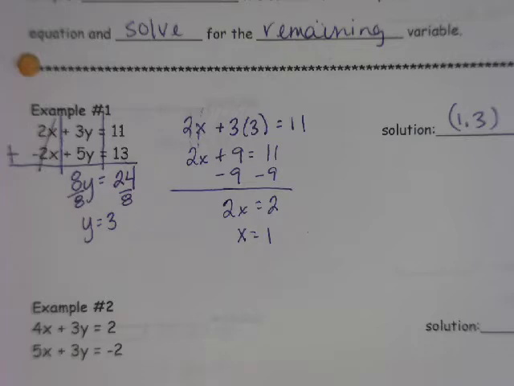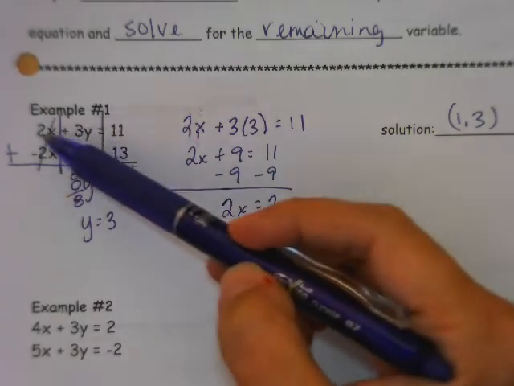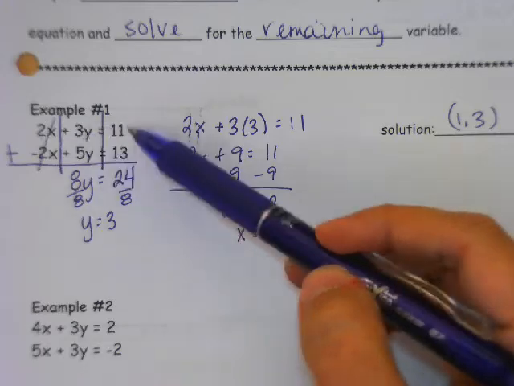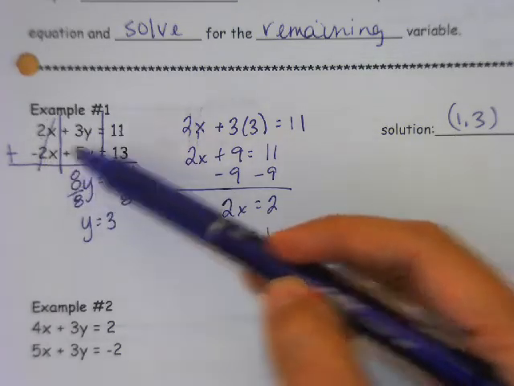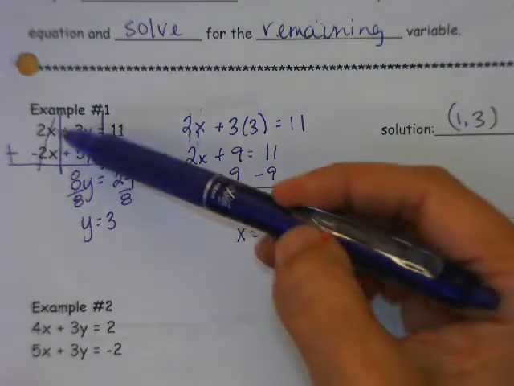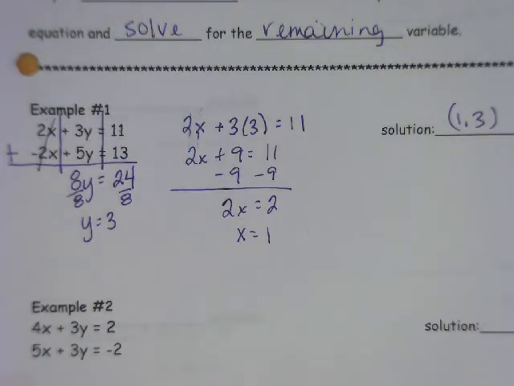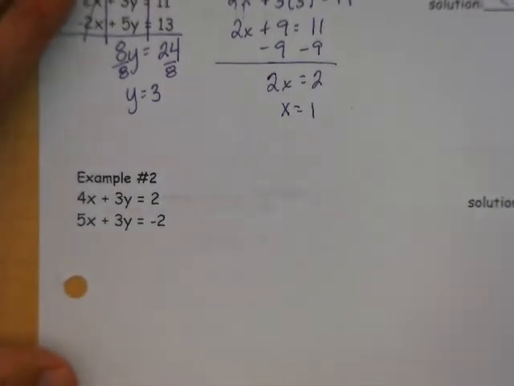You can manipulate your equations, and as long as they line up nicely, so if this was like 2x equals negative 3y plus 11 and negative 2x equals negative 5y plus 13, as long as your matching variables are in the appropriate columns and you've got the same thing on your equals, you're fine. Most of the time we see this in standard form though. Good question. But you can technically do this in any form.